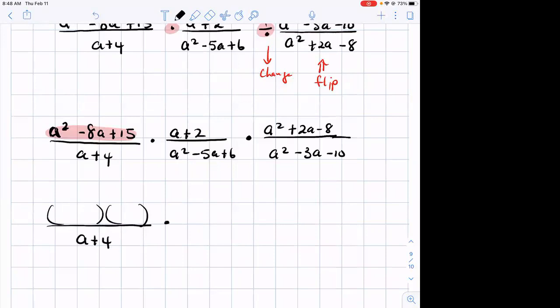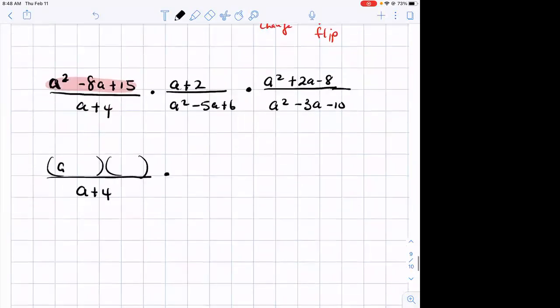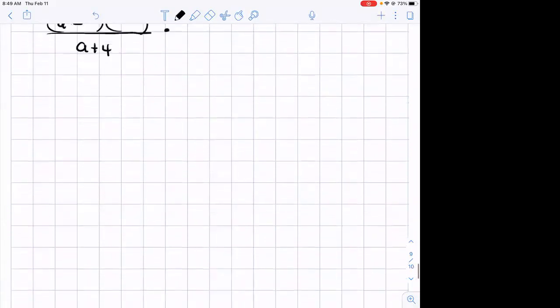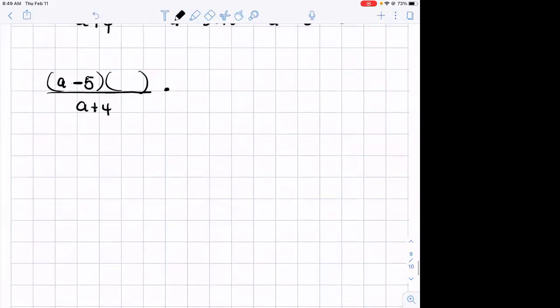So if you factor that numerator, you should have a minus 5 and a minus 3.